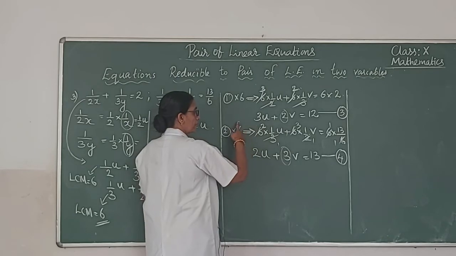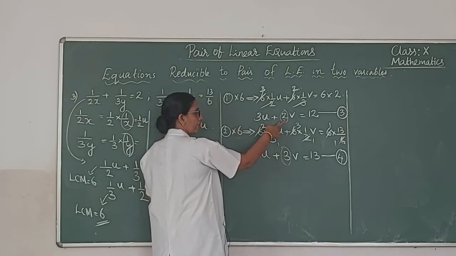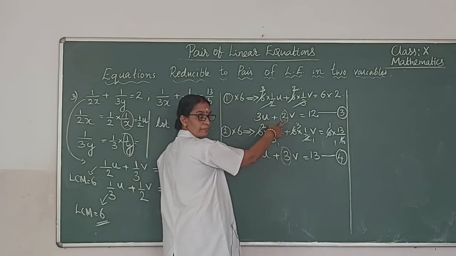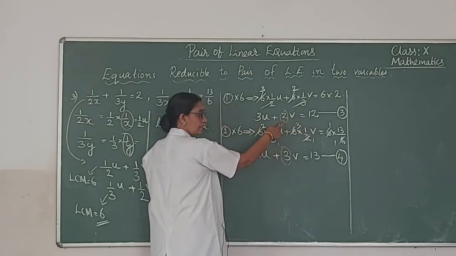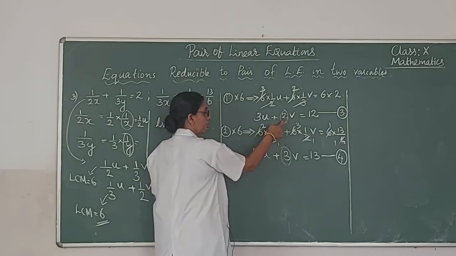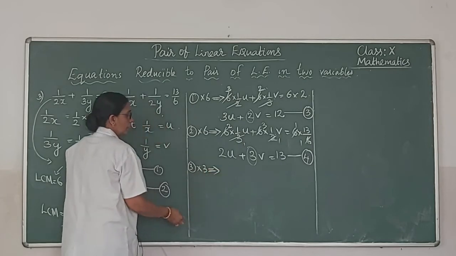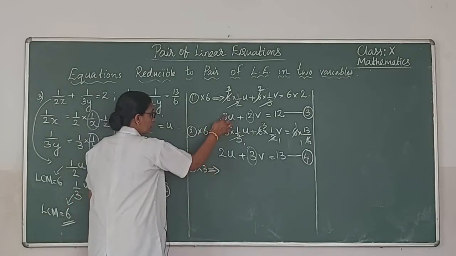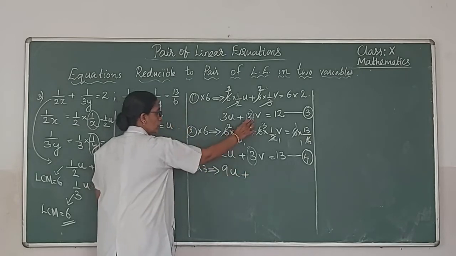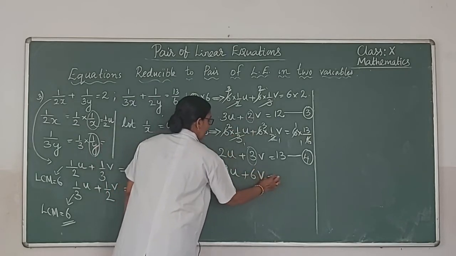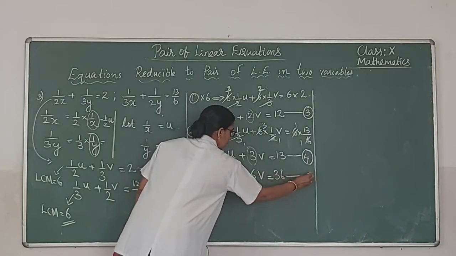What do we have to multiply here to make it 6? We have to multiply this equation by 3, isn't it? 3 into 3, 9u plus 3 into 2, 6v equal to 3 into 12, 36. This is equation 5.